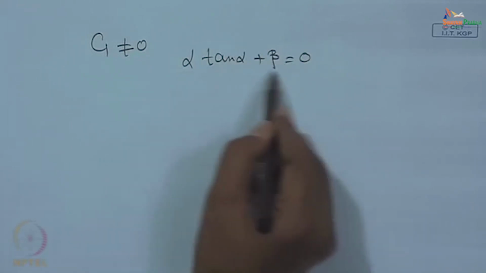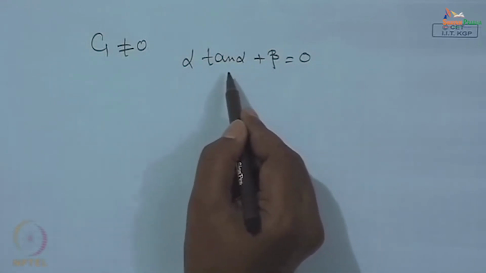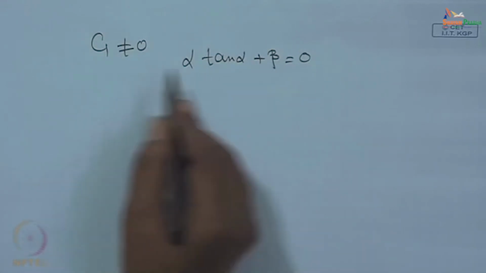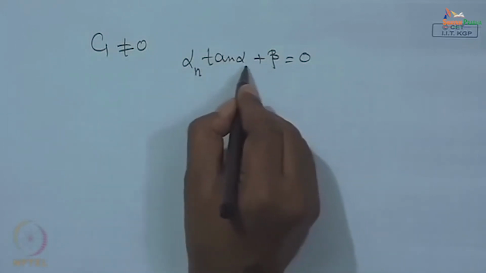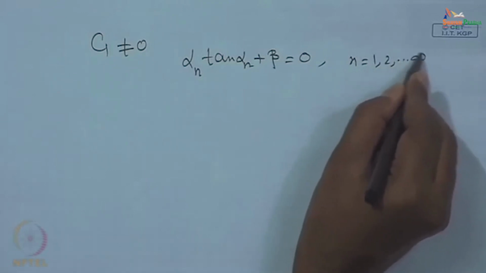So, this equation has infinite number of roots, each and every root is an eigenvalue of the particular problem. So, we write the root by n, where the index n runs from 1 up to infinity.